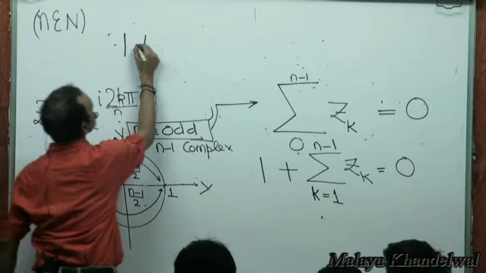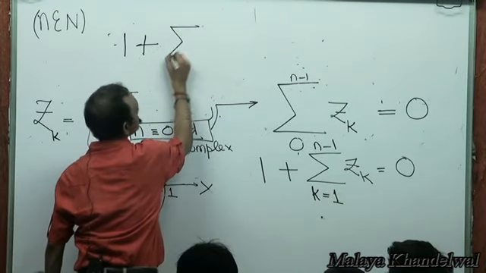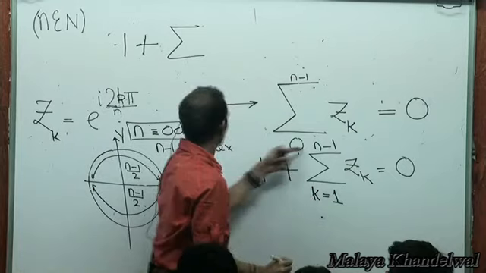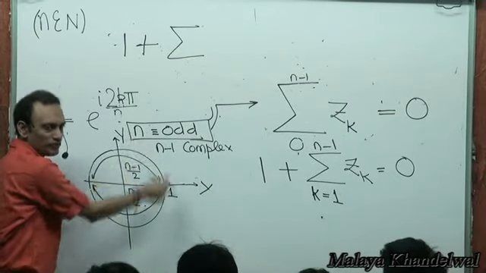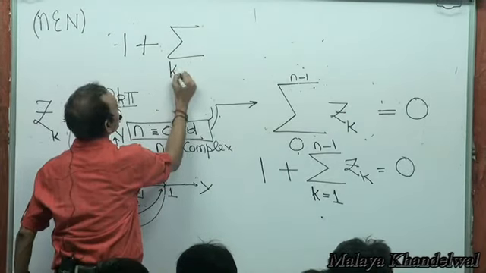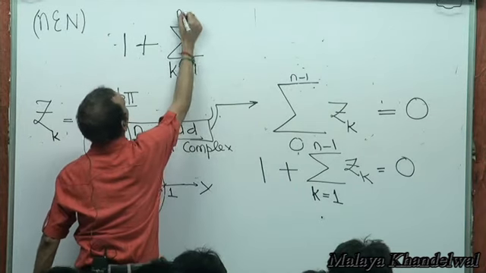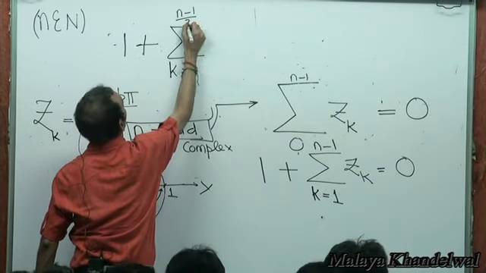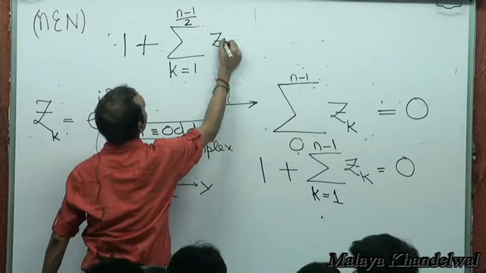One plus summation. What I do is, in this summation, I take k equal to 1 to n minus 1 by 2, half of the complex roots. k equal to 1 to n minus 1 by 2. All the zk's.